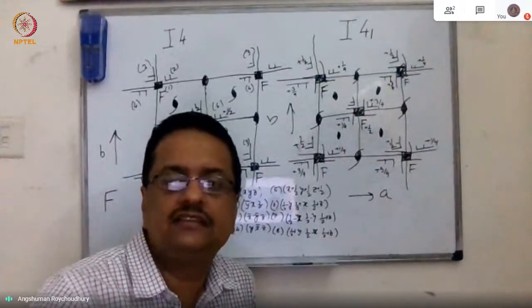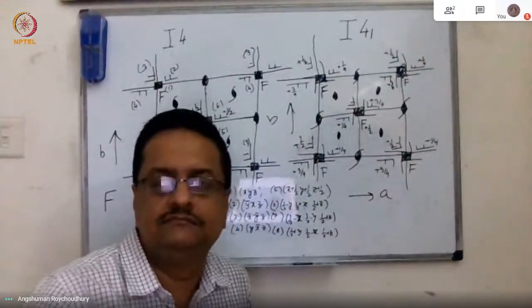So sine beta and sine beta star are one and the same.